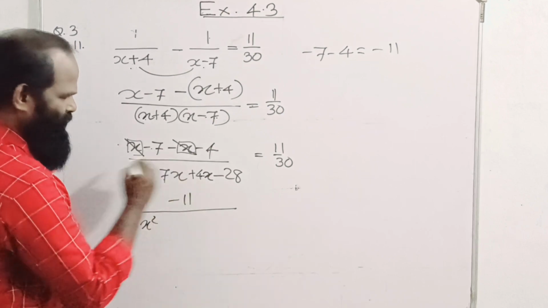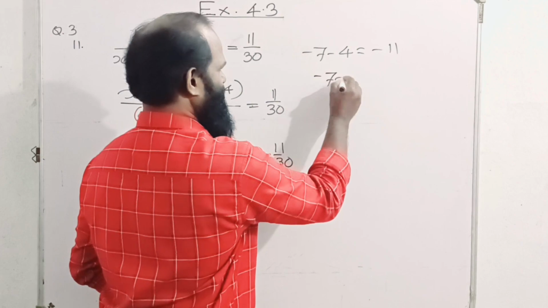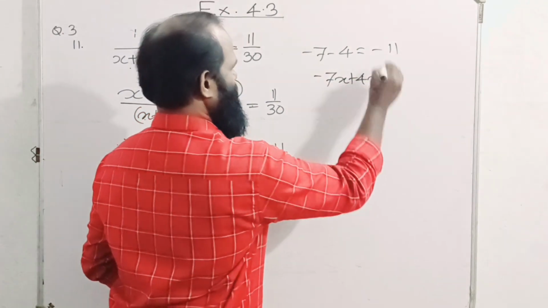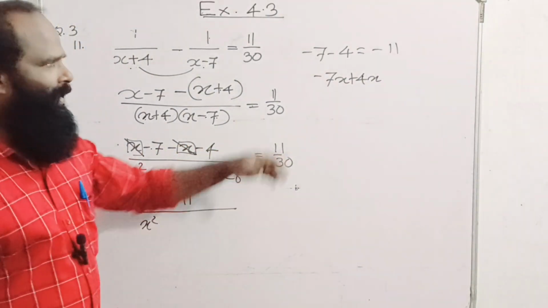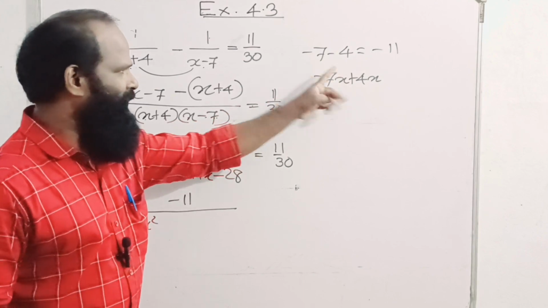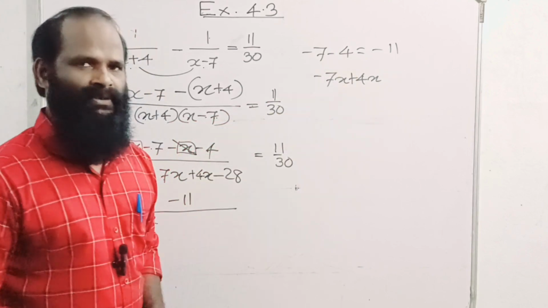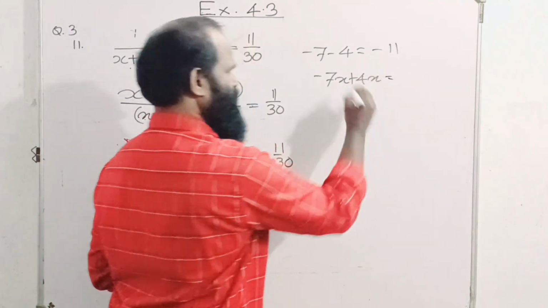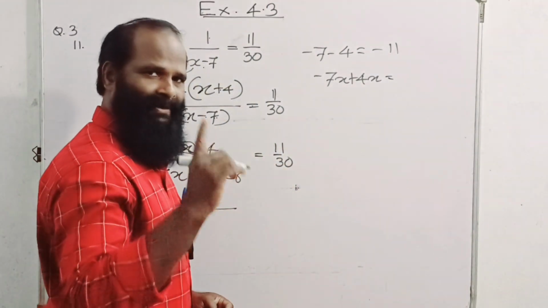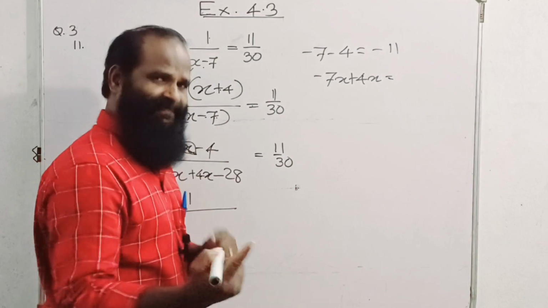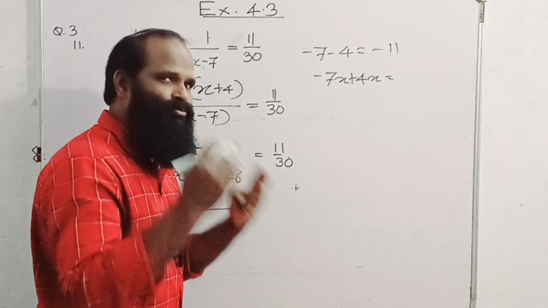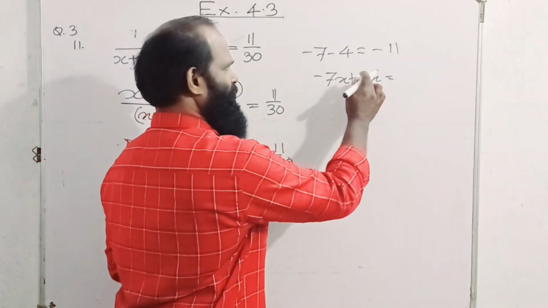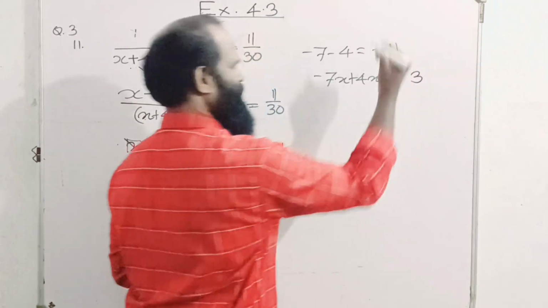Negative 7x and positive 4x. Negative 7x plus 4x. For adding a negative number and a positive number, usually we do this way. We find the difference of these two numbers. If one number is negative, another is positive, we find the difference of the numbers. That means subtract the numbers. So 7 and 4, if you subtract, we get 3.